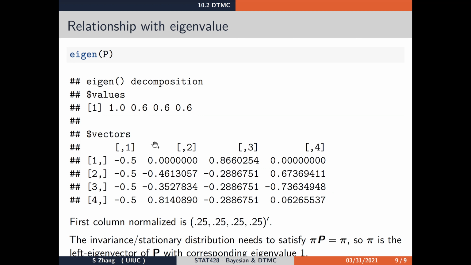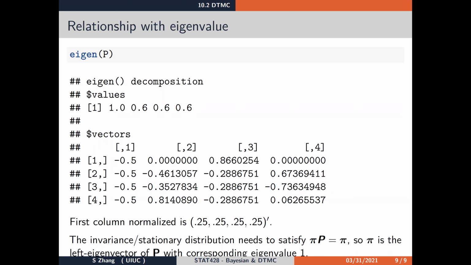This is the second eigenvector corresponding to eigenvalue of 0.6, etc. So we can see that the first column, if we normalize it so that the sum of the entries is equal to 1, then the first eigenvector becomes 0.25, 0.25, 0.25, 0.25, which is our stationary distribution.